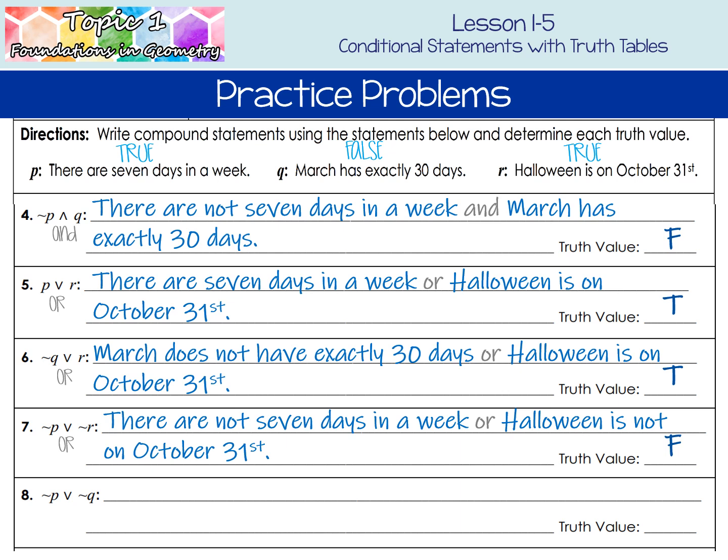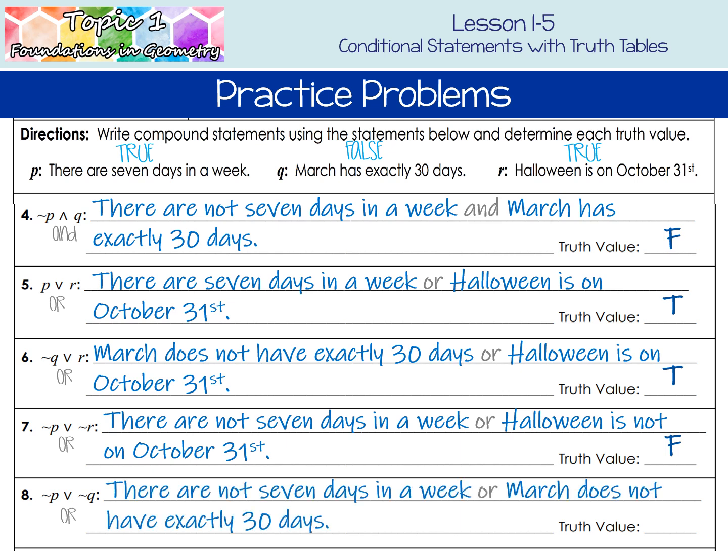We're negating again. This time we're negating P, and we are using the or. And we're negating Q. So there are not 7 days in a week, or March does not have exactly 30 days. So that will be true.